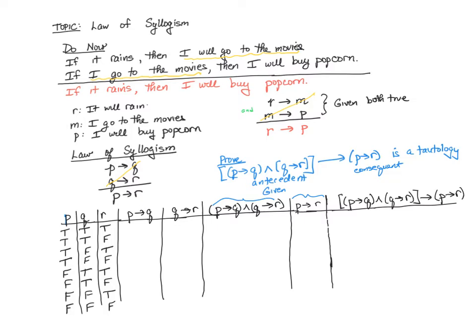We know that the number of rows in the truth table will be 2 to the number of simple statements. That would be 2 cubed, which is 8. In this case, we just divide by 2: we divide the 8 by 2, we get 4. Divide the 4 by 2, we get 2. And divide the 2 by 2, we get 1. All right, so let's just try to line these up because it's going to be a pretty long truth table.